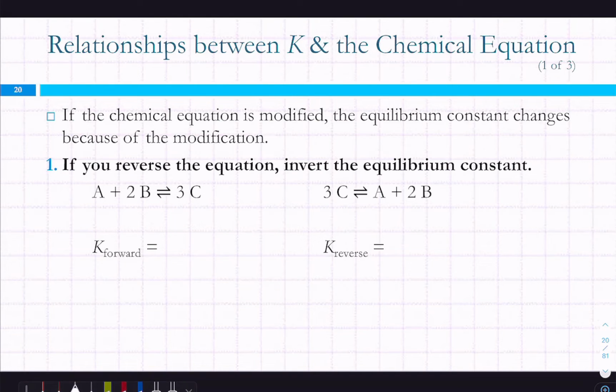So the K for a forward reaction would be C to the 3 over A to the first, B to the second. So what is the K for the reverse reaction?